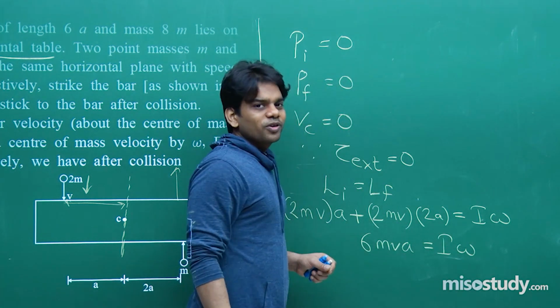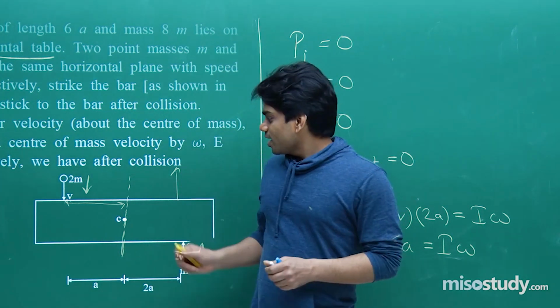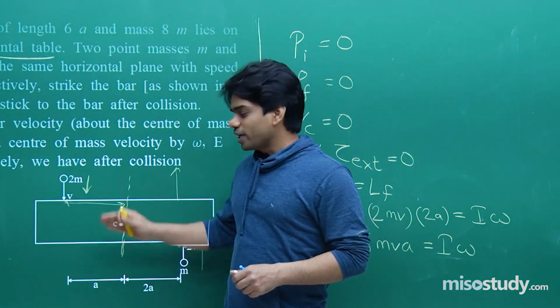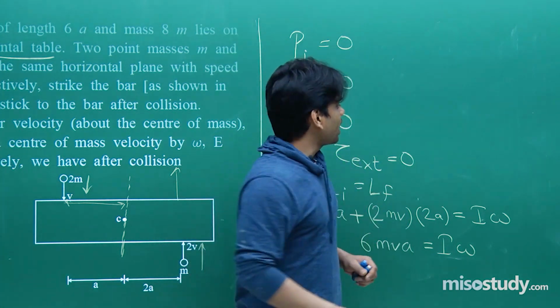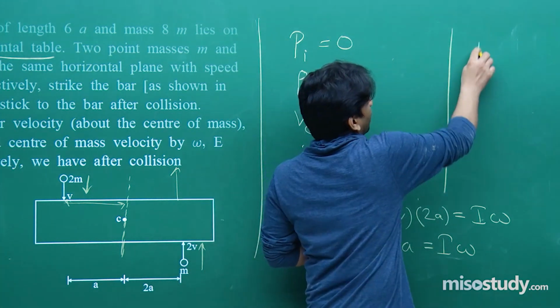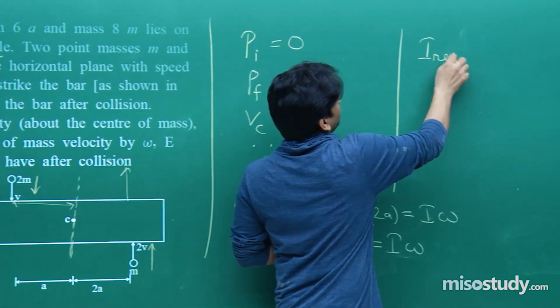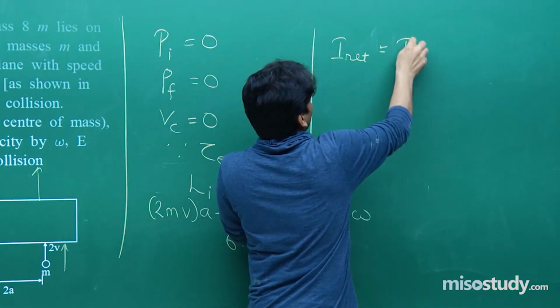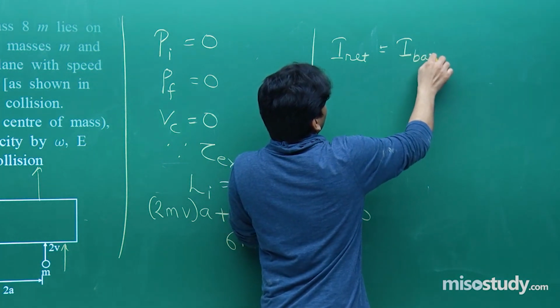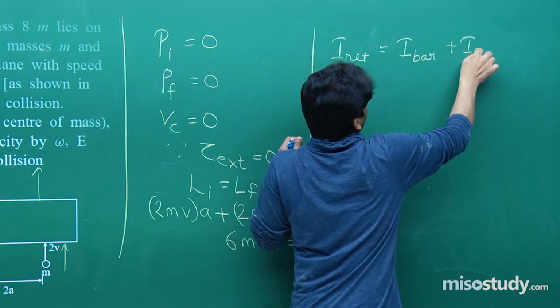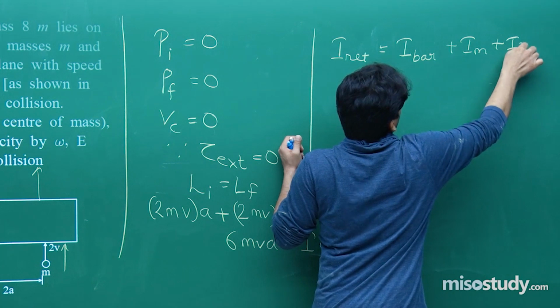Now what about the moment of inertia I? This is the plank, it's rotating. The moment of inertia of the entire system will be I due to the plank, which is a uniform bar, plus I due to mass m plus I due to mass 2m.